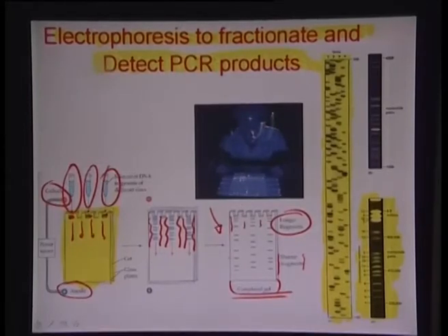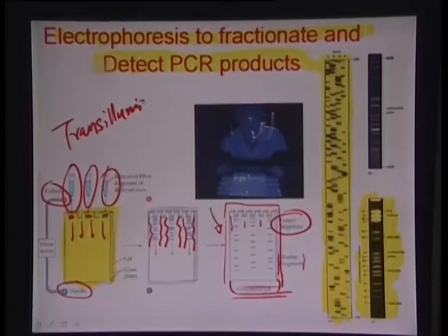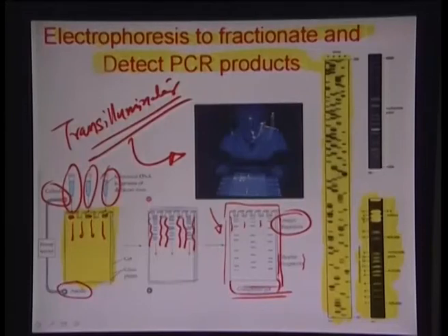You put this gel material over something called a transilluminator. This is nothing but a source of UV light with a few tubes which would contain either a biwavelength or a monowavelength ultraviolet light being generated.